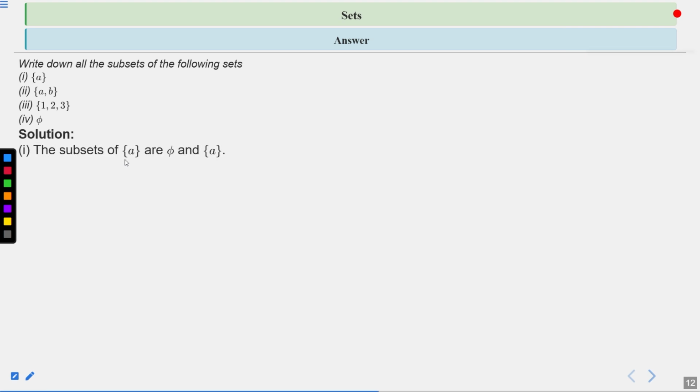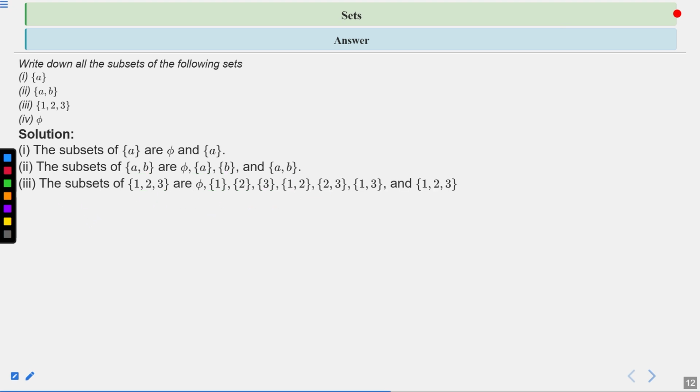For the first, this is our singleton set, and we know phi is going to be a subset of every set. So phi and the set itself. So we are having two subsets. Now for the second, with two elements, phi will be there. Singleton sets will also be there, and the set itself. So four subsets.